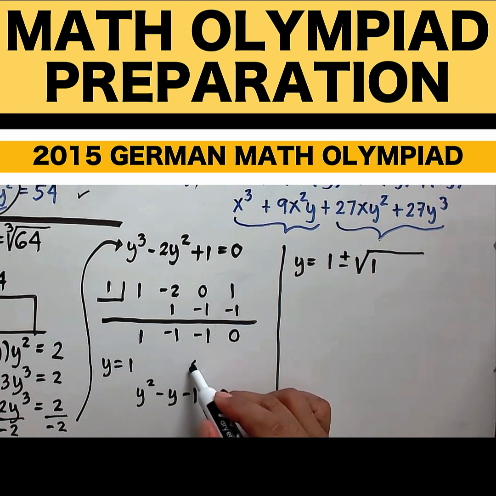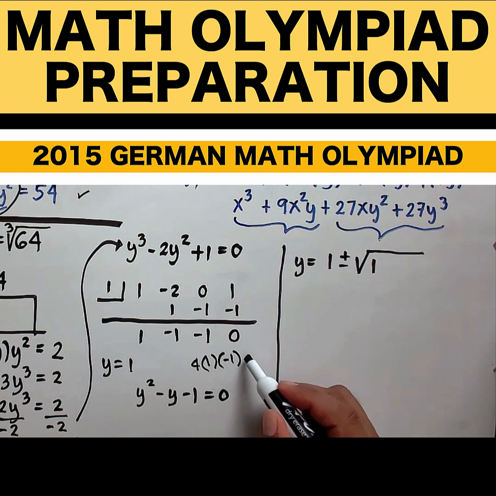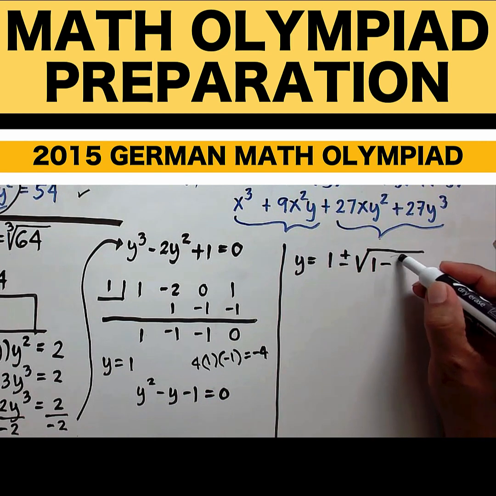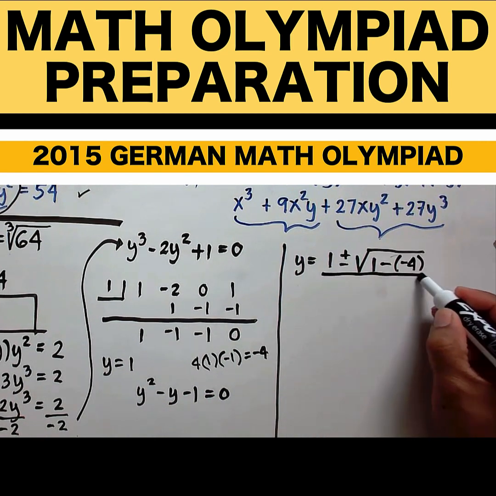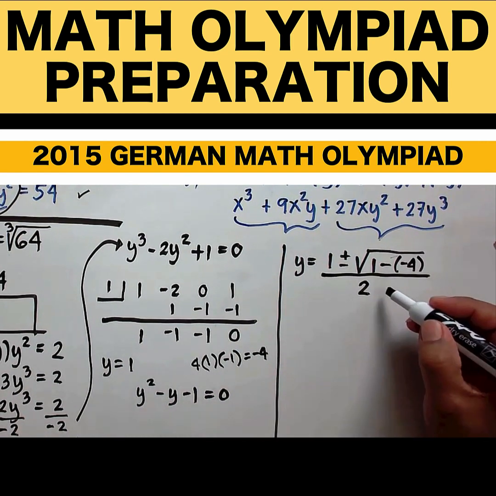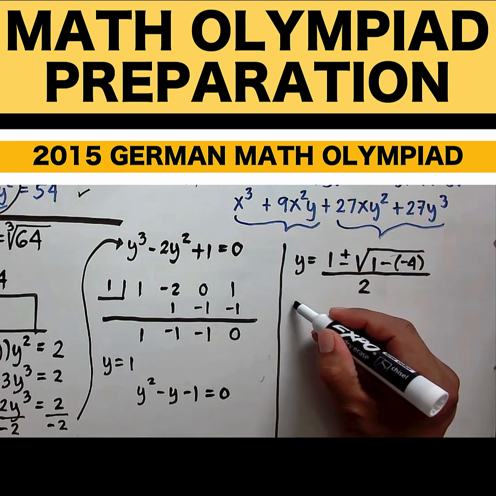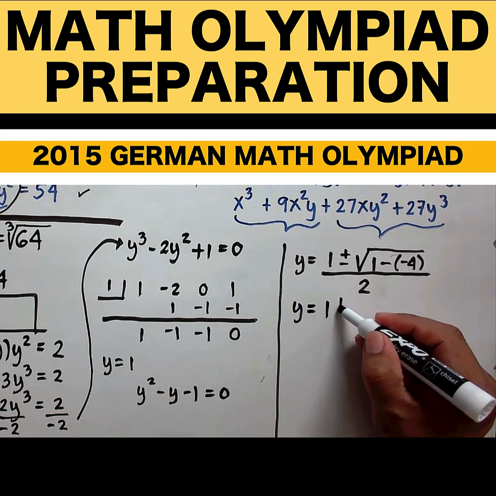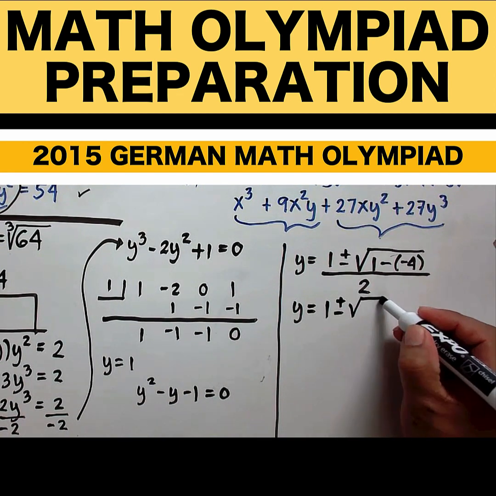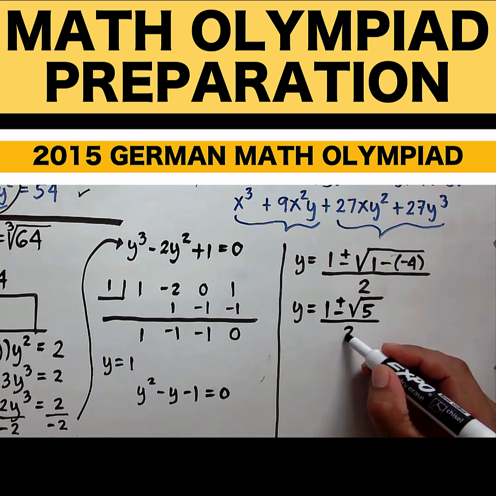So we have 4 times this 1 here, times our c is negative 1, so this becomes negative 4. So we have minus negative 4 all over 2a, where our a is 1, all over 2, which is equal to 1 plus or minus the square root of 5 over 2, which is the golden ratio.